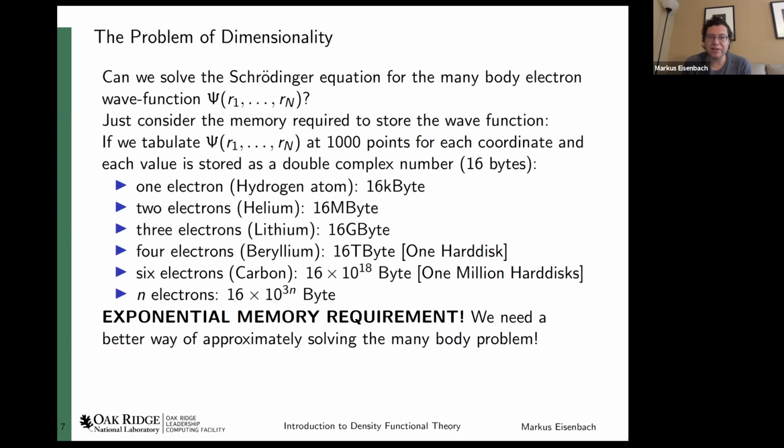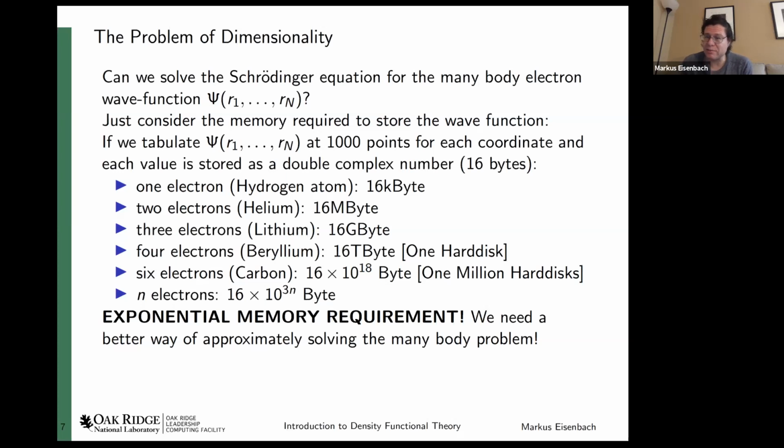If we tabulate this for just 1,000 points for each of the electrons, which actually is just a 10 by 10 by 10 division of a space, so really, really low resolution, and store a double complex number, which is 16 bytes for each of these points, one electron, say for a hydrogen atom, is really no problem.